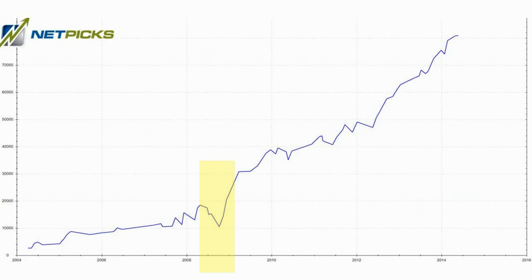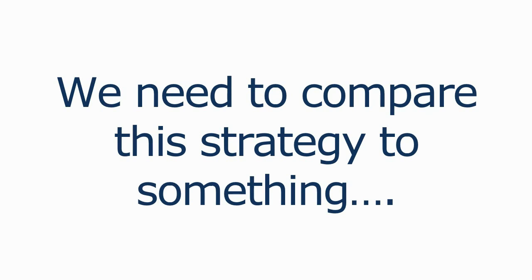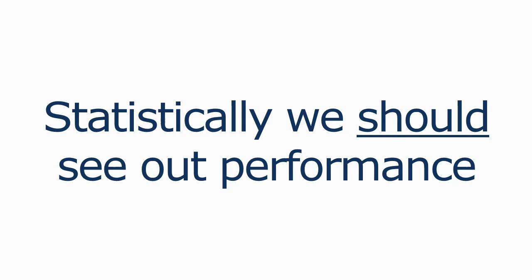Now, forgiving the last 6 months of 2008, this equity curve looks pretty good. And it would be very easy as a trader to discount the issue in 2008 and begin to commit real money to the strategy. Well, to consider our strategy having a true edge, we need to see it compared to something to see that it outperforms in the comparison.